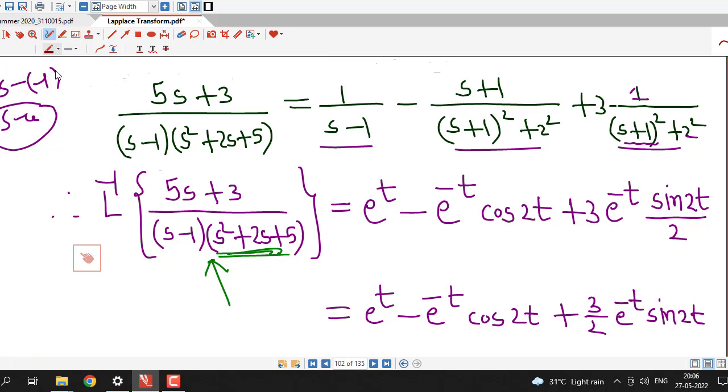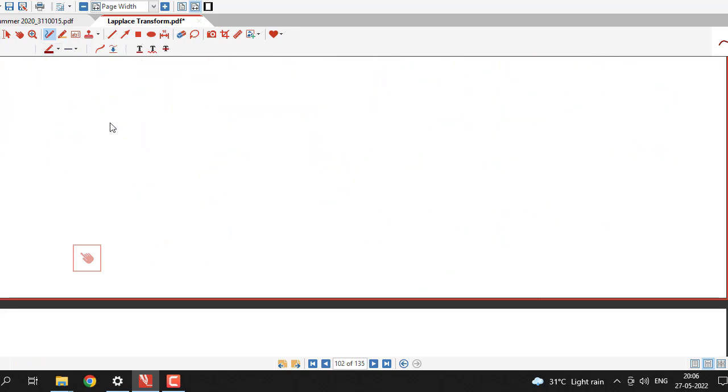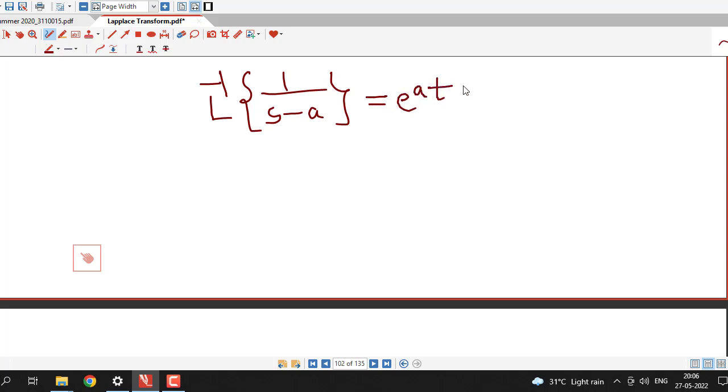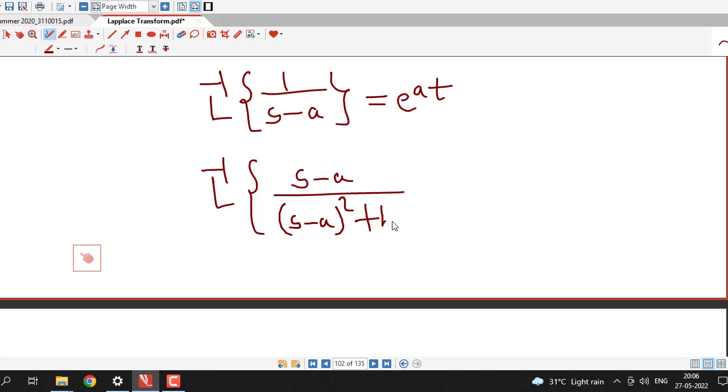And we are able to write our function in such a way that we can use the standard inverse Laplace transform formulas. To do this type of problem, you must be familiar with all these formulas. We have used these three formulas here. L inverse of 1 over s minus a is e raised to at. L inverse of (s minus a) divided by (s minus a) square plus b square is equal to e raised to at cos bt.